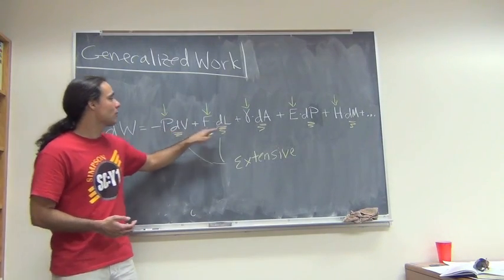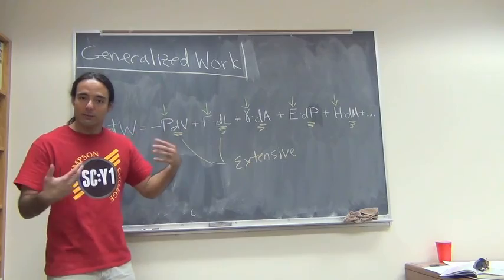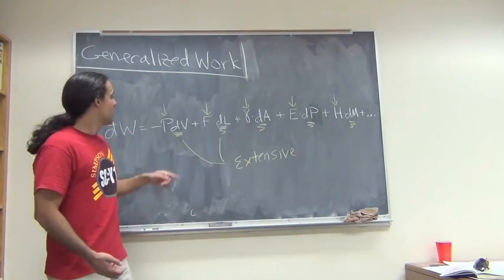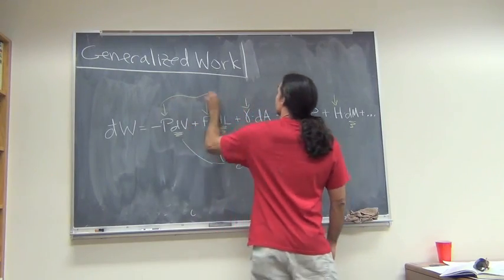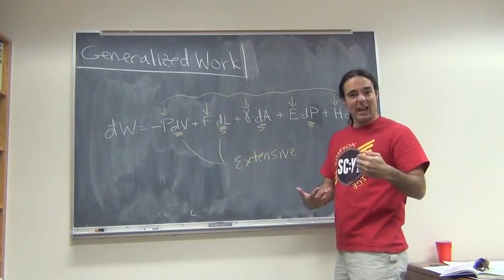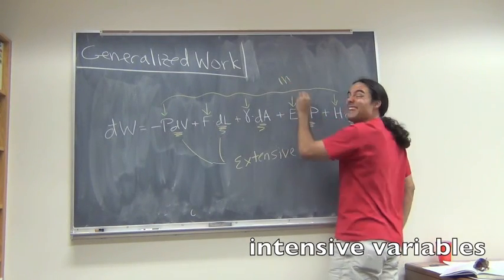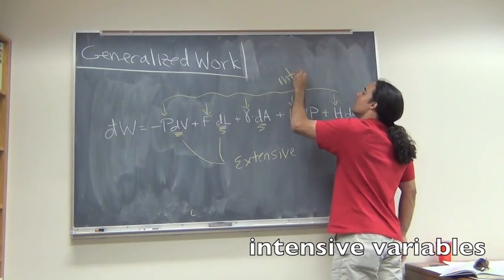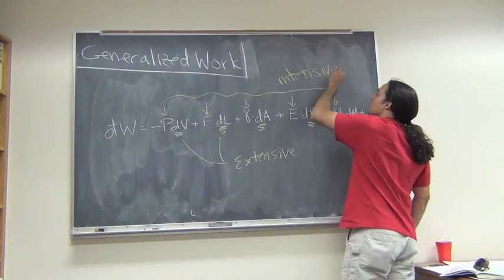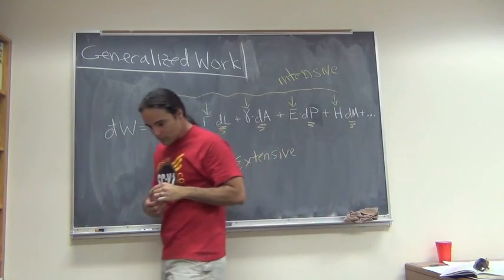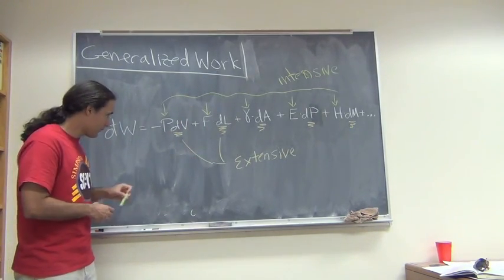The electric field is going to be the same everywhere throughout the system, as is the pressure. Since they're the same everywhere inside the system, they don't extend with the system. These are called intensive variables. So we have extensive variables and intensive variables.